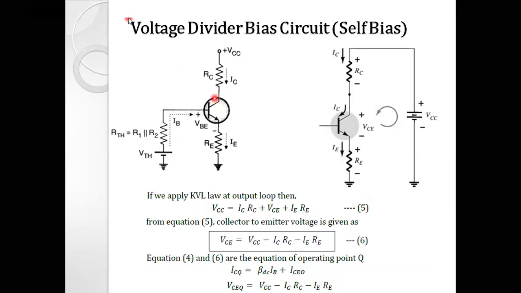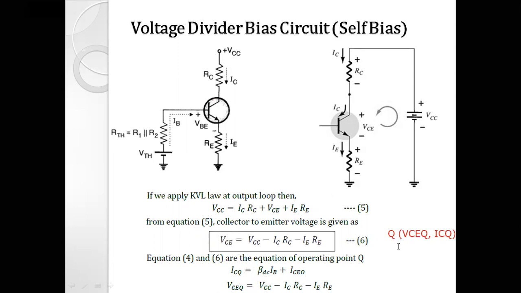As I said, the operating point is the point which has the coordinates VCEQ, that is the x-axis coordinate, and ICQ, that is the y-axis coordinate, right? The values of these two, VCEQ and ICQ, decide the location of operating point Q on the output characteristic.